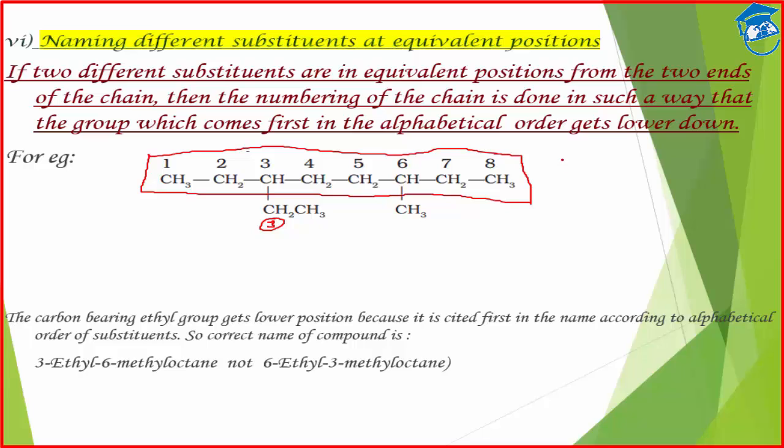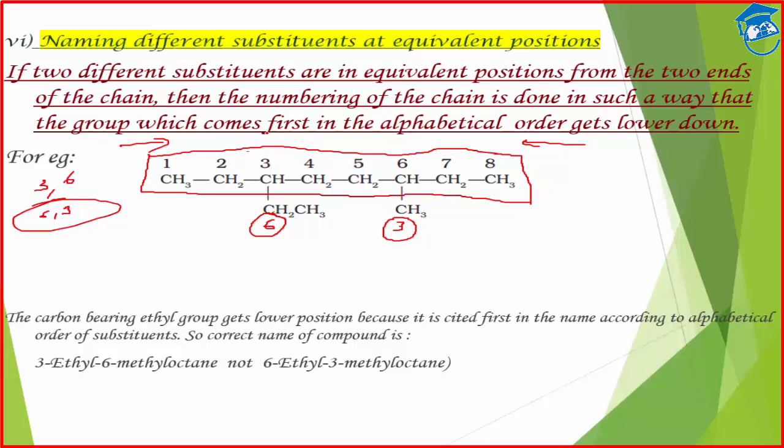If you proceed from the right side, this will also get number 3, and this will get 6. So the positions are equivalent. If we compare 3, 6, this is also 6, 3. So the position is the same. So where should we go, by the left side or the right side?